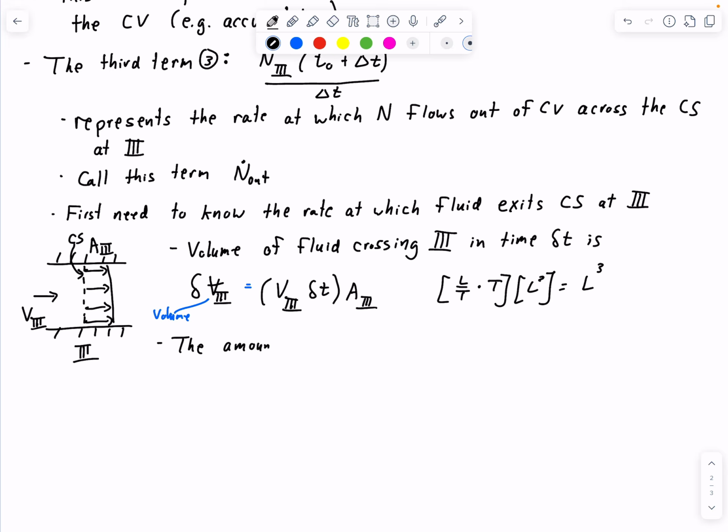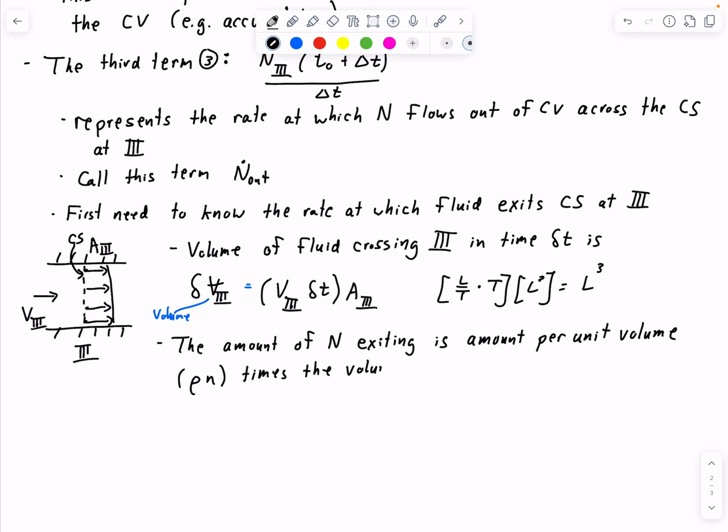So the amount of capital N, your extensive property, which is exiting this surface, is the amount of N per unit volume, which is rho times lowercase n, times this volume that we just found, the volume delta V3.